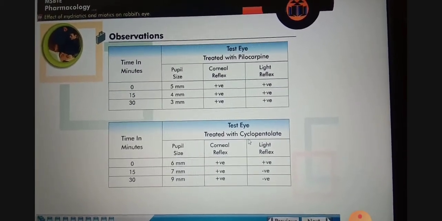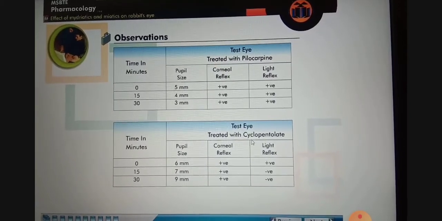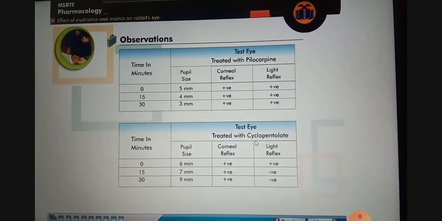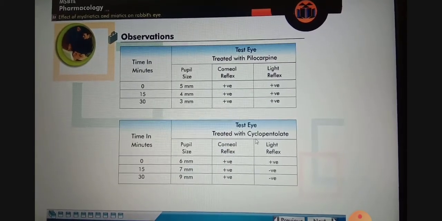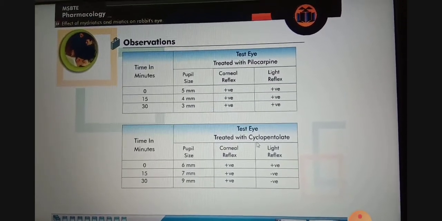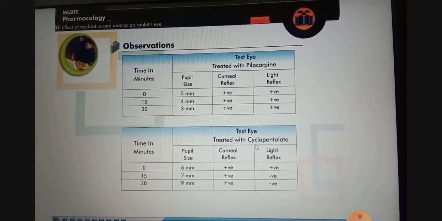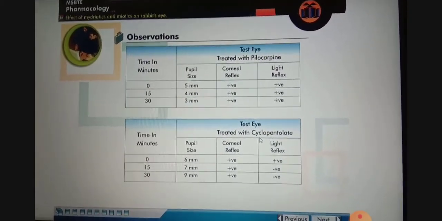This pilocarpine drug acts as a miotic drug. So from this observation table we can easily conclude that cyclopentolate causes the mydriasis effect on the eyes, and pilocarpine produces the miosis effect on the eyes.